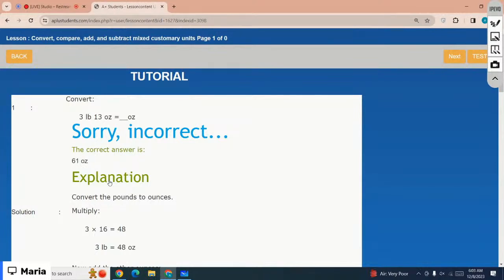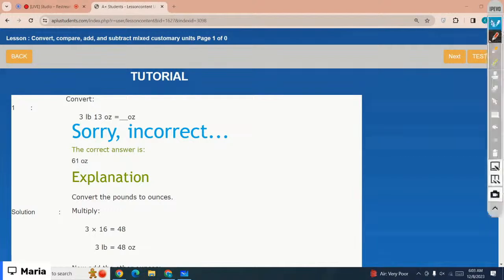Okay, the first example is convert 3 pounds 13 ounces. You have to convert them into ounces. 13 ounces, they are already in ounces. Just convert 3 pounds, right? We know that 1 pound equals 16 ounces. That is a basic conversion.